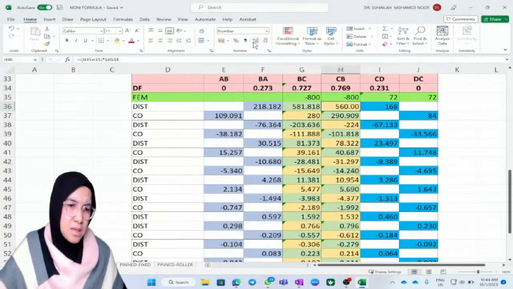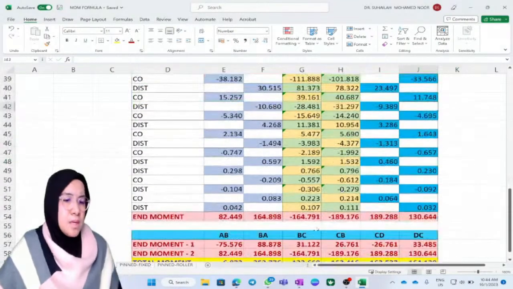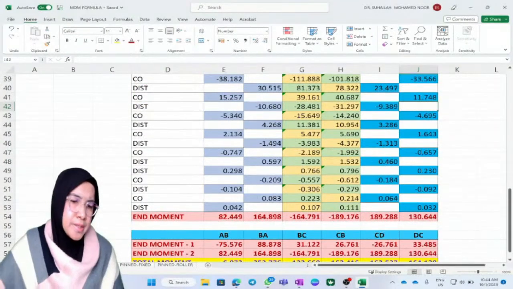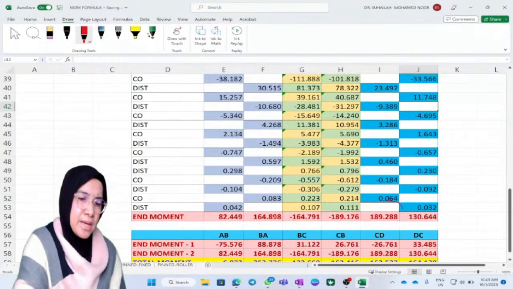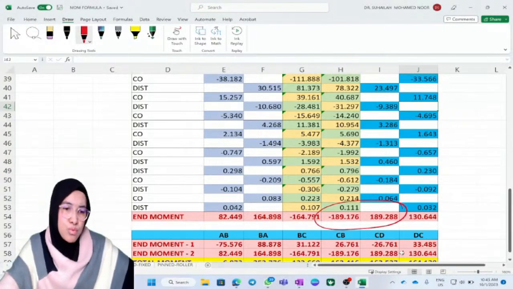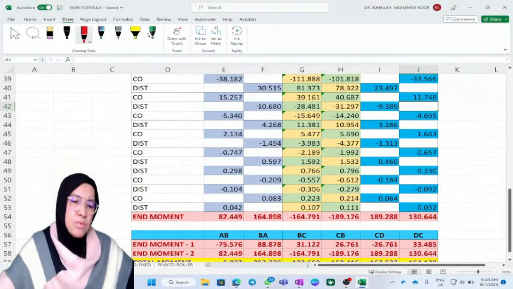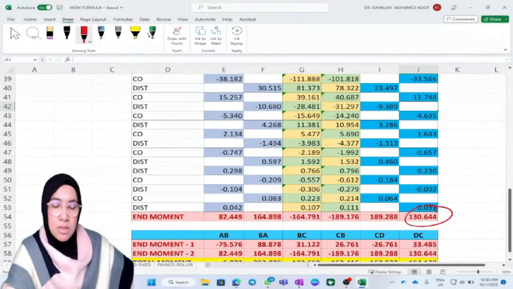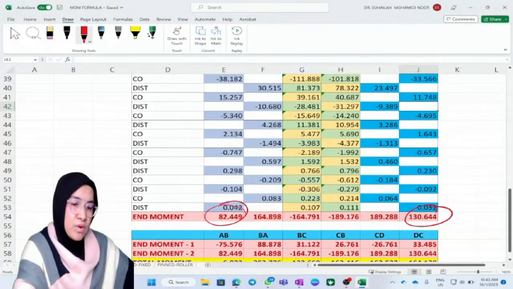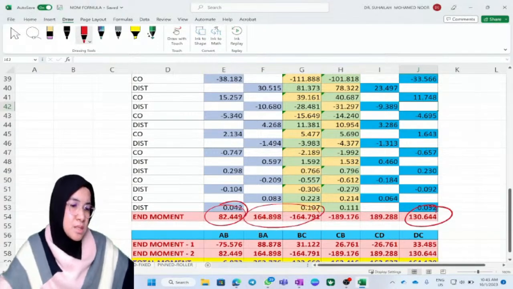560. 168. Okay, this one we get 189.2, which doesn't matter, so we can consider as 189. Then 130.6, and 82.449, and 164.8.